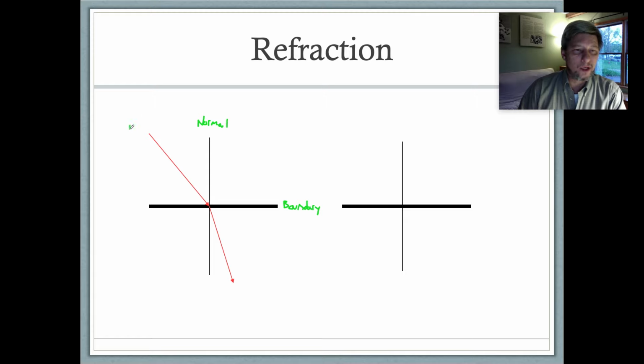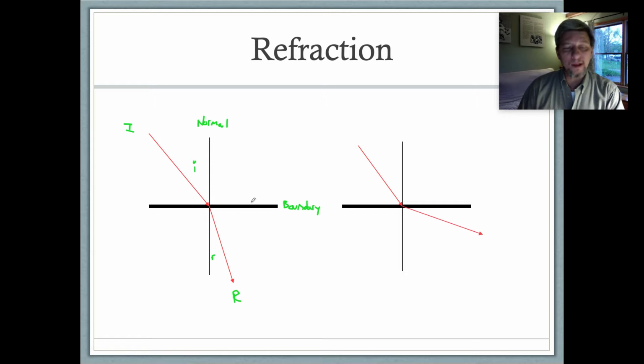We have an incident ray and a refracted ray, and in this case, notice that angle I is greater than angle R. What that means is that the light ray has bent toward the normal line. So that means this side is less dense and this side is more dense.